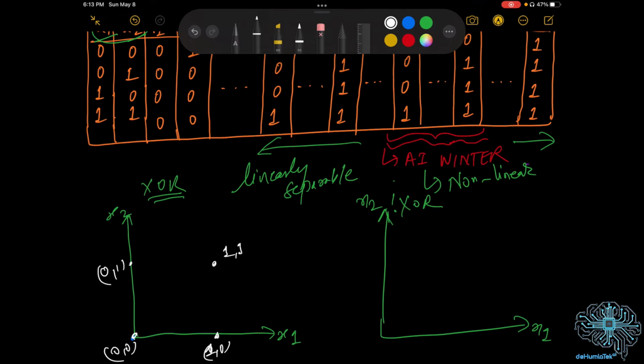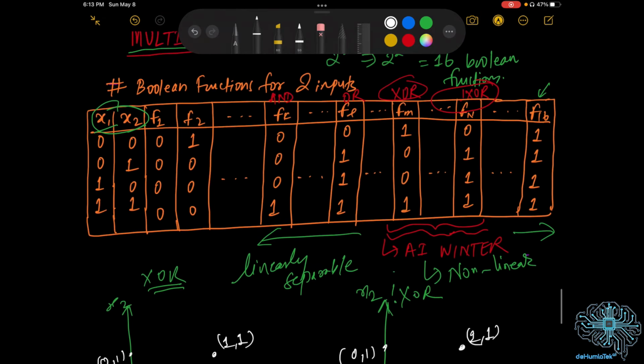I'm going to do the same in this graph as well: 0 0, 1 0, 0 1, 1 1.